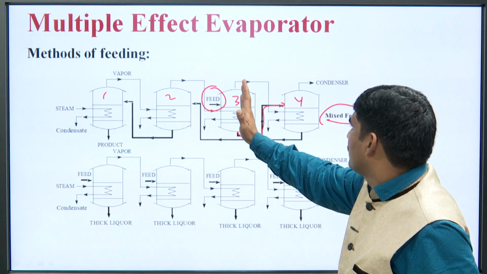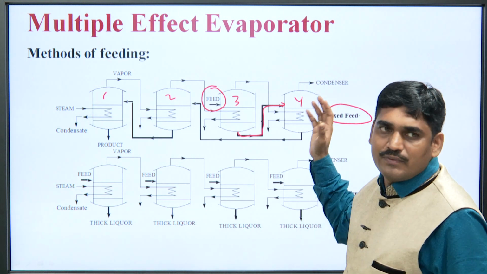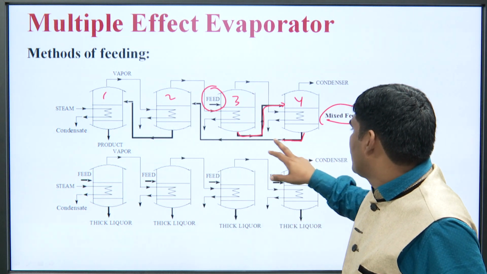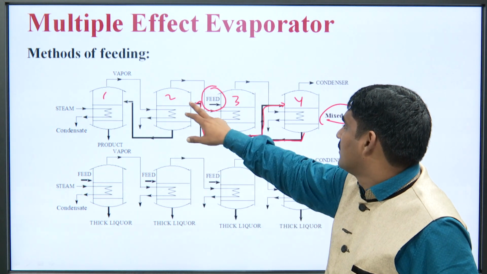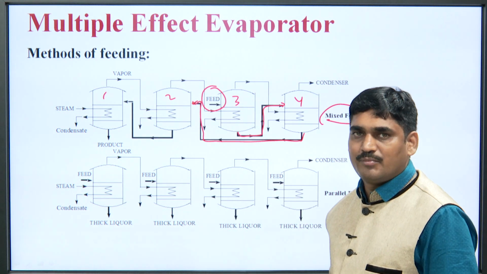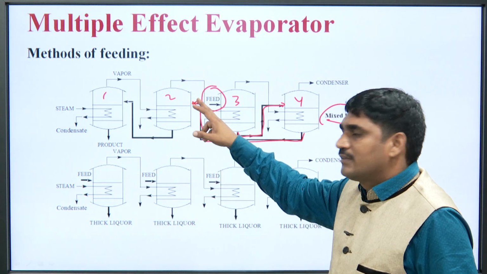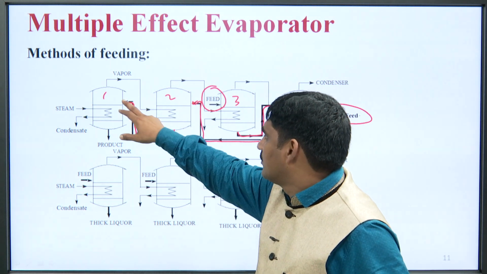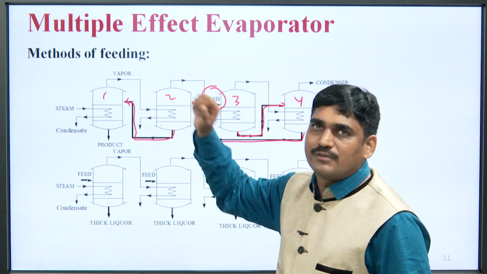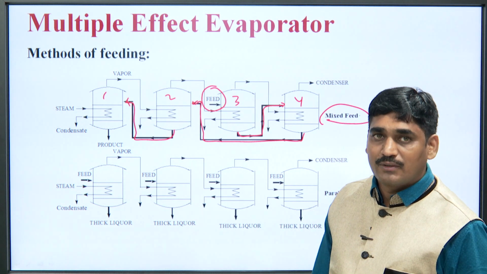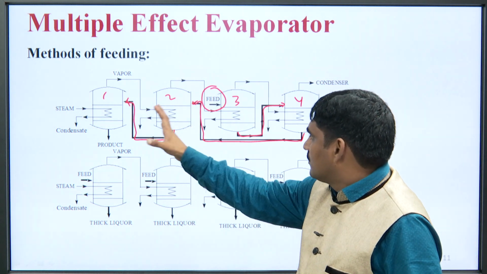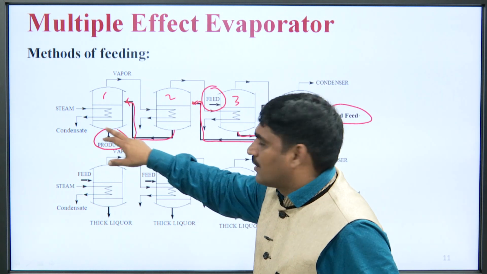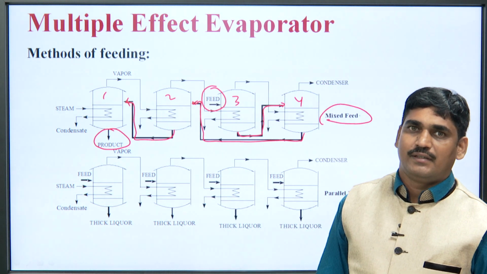From third to fourth effect no pumping is required, but from the fourth effect the feed is sent back to the second evaporator, so in this case pumping is required. From second it again comes to the first effect, here also pumping is required, and finally the product is collected at the first effect evaporator.